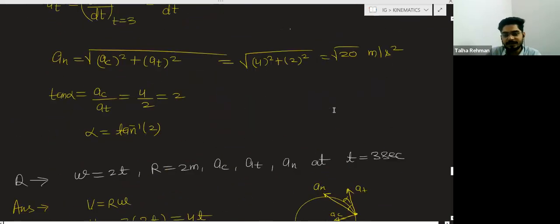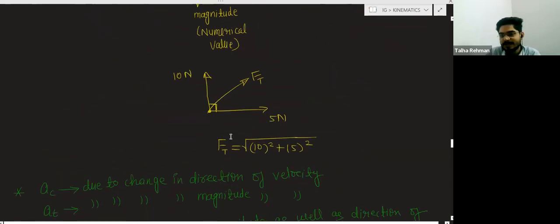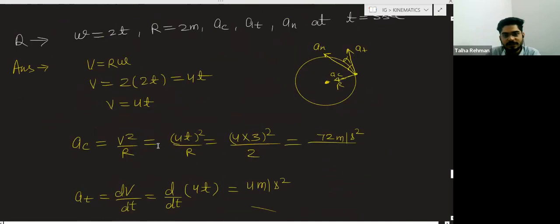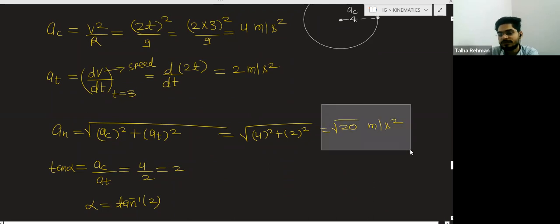In case of vectors, when two vectors are at 90-degree angle, we calculate the magnitude of the resultant in this way: under root of centripetal acceleration square plus tangential acceleration square. So centripetal acceleration is this, tangential is this, and this will be your answer.